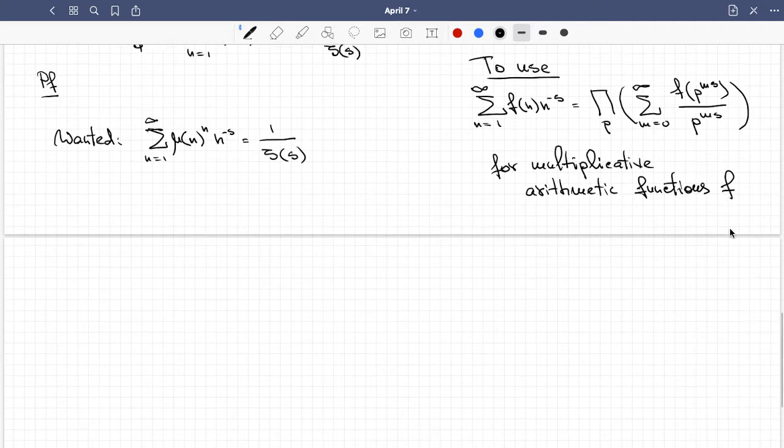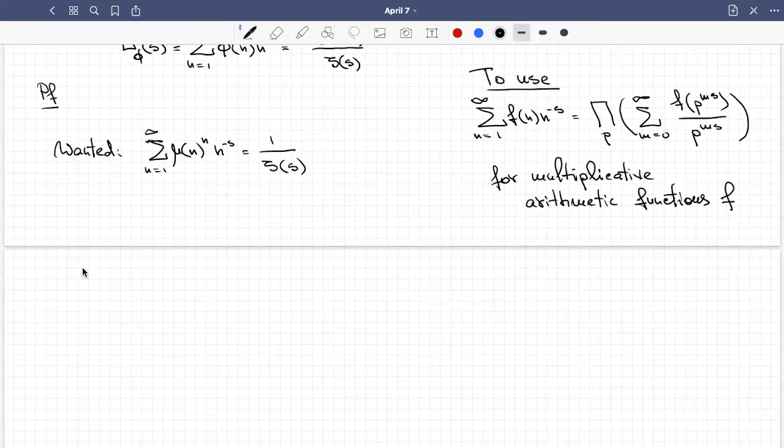So therefore, we have the sum of mu of n to the minus s.